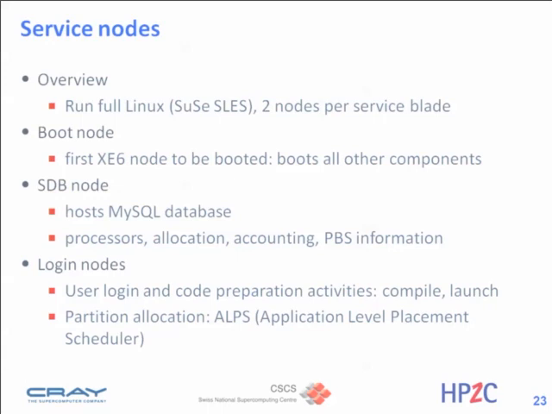And on these login nodes, the application launcher support is also running. This is what you use to request that your application is loaded to a particular partition of the compute nodes and then start running on the compute nodes.